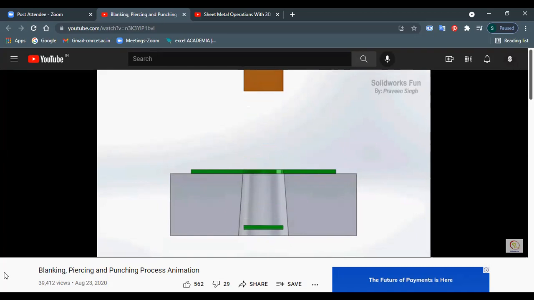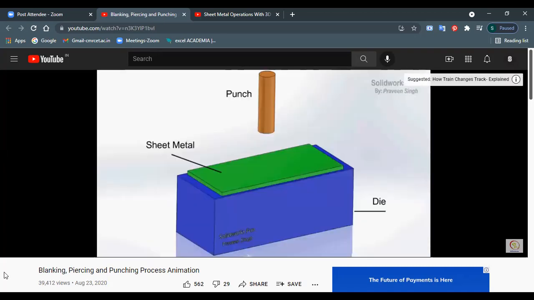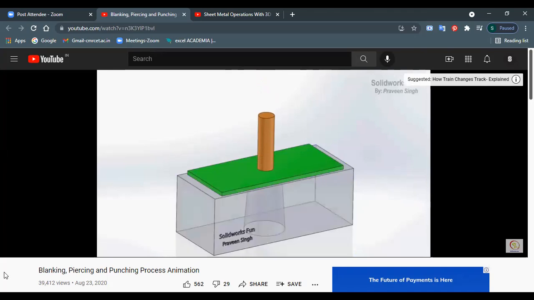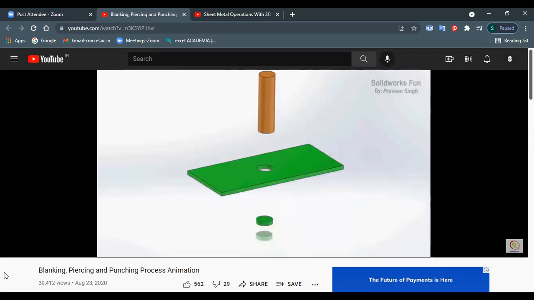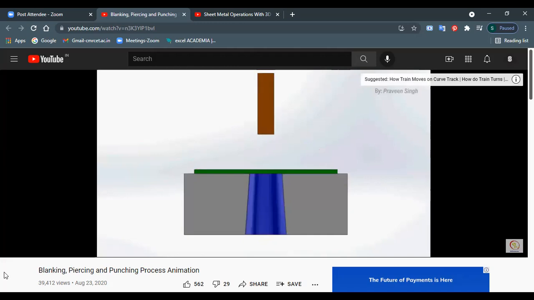The different views that we can have a look at. So piercing, you see, this is called piercing. If the useful part is the top part that we will see, a cross-sectional view of the same process.